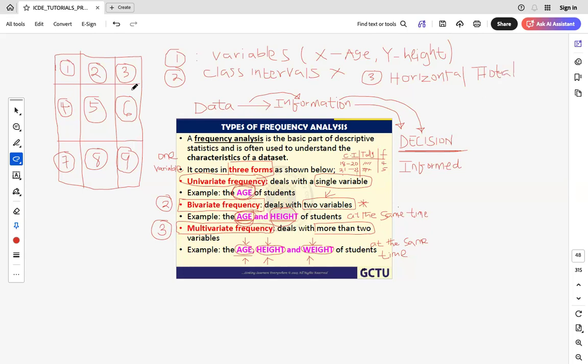And then we come to area number 4. Area number 4 looks like area number 2. It will be the class intervals for the second variable, which we are going to name as Y. So area number 4 will represent the class intervals for Y. Then the major activity will happen in area number 5.